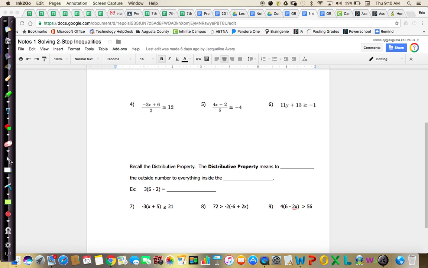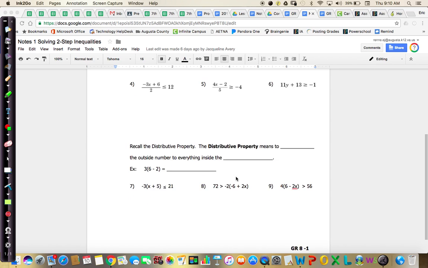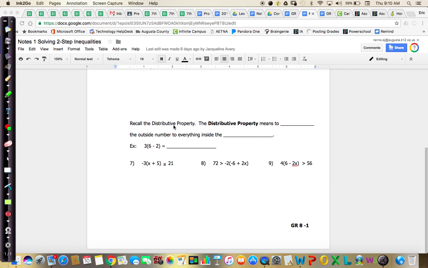Okay, now we're going to do a different set of problems, and we're still doing 2 steps, but before we get to the 2-step, we actually have to distribute. So we're adding 1 extra step.